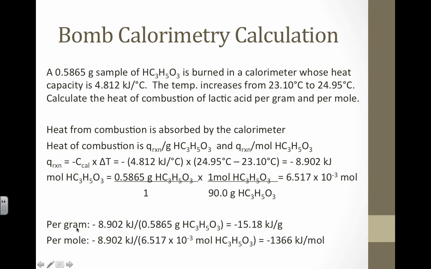For the per gram answer, we take our kilojoules of heat and divide it by the original mass of the sample, giving us this for our per gram answer. And then for the heat of combustion per mole, we divide by our mole converted answer. And so they're basically the same thing. It's just represented in two forms of mass.